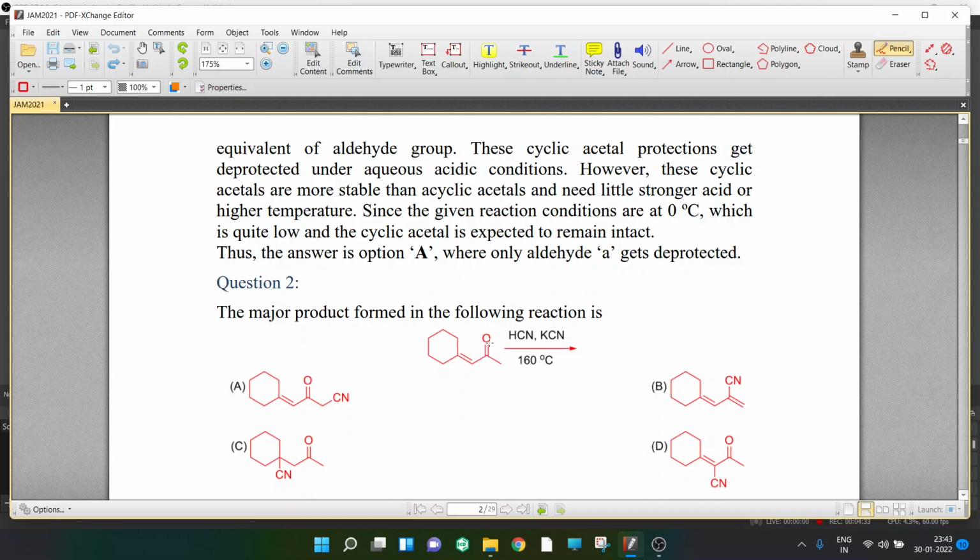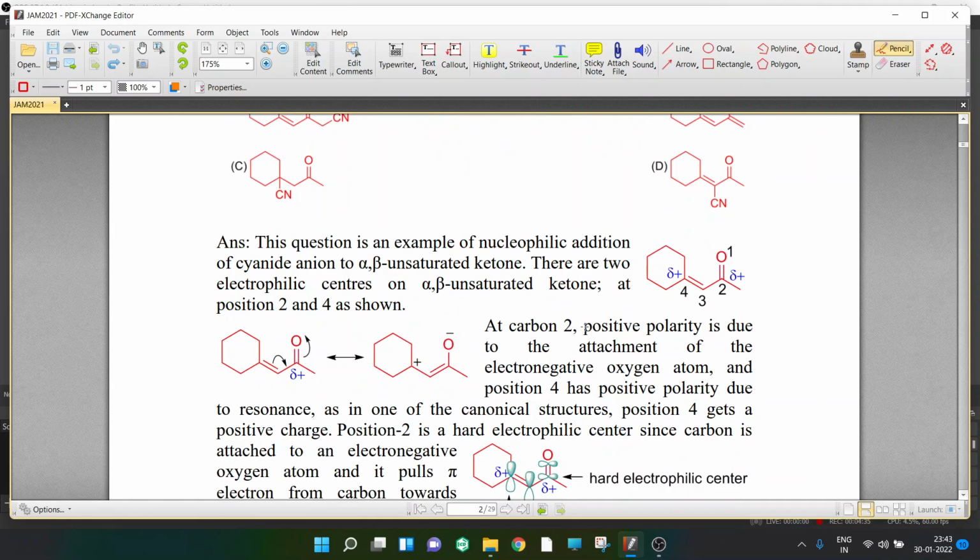Now you know I must have shown all this, right? On position number 2 and position number 4, we have this positive polarity. So the nucleophile CN minus here can attack either position 2 or position 4. Why at position 2? Because carbon is attached here to oxygen, that too through a pi bond. Pi bonds are loosely held, so it gets swayed away easily.